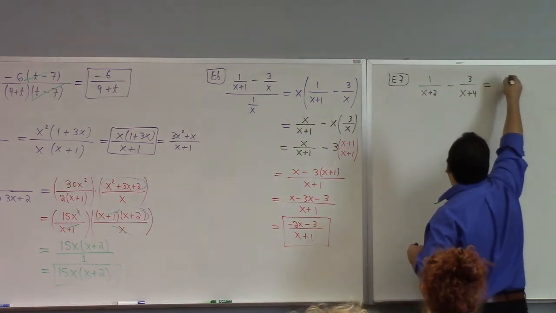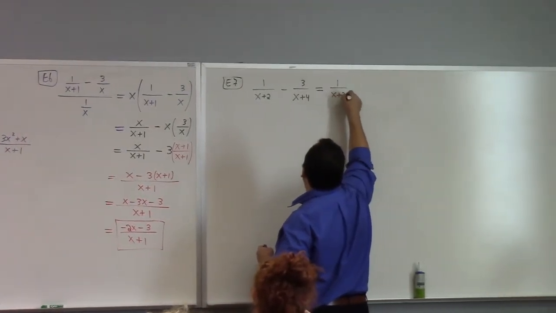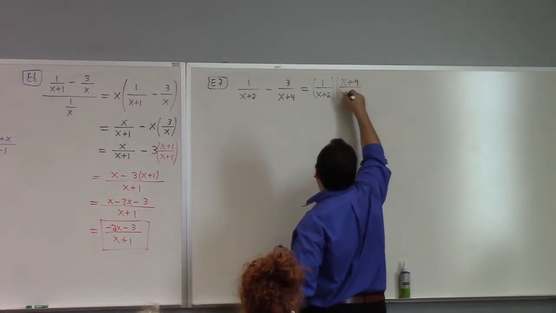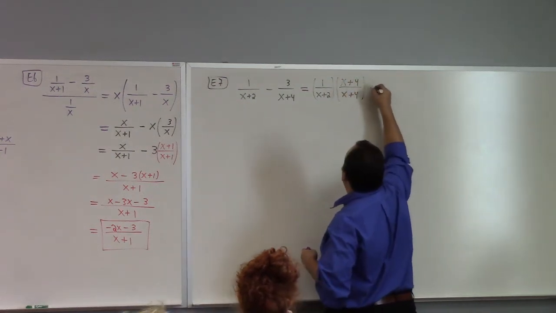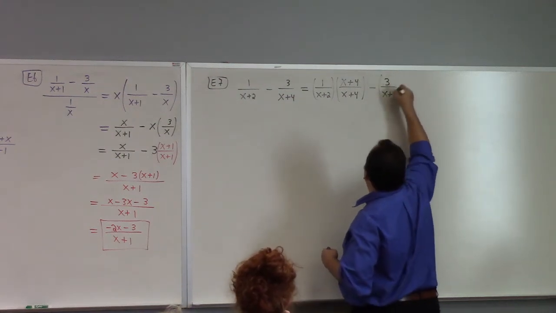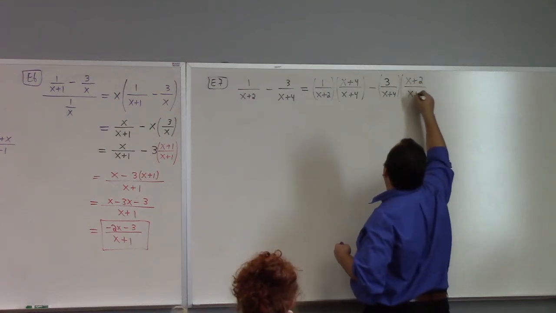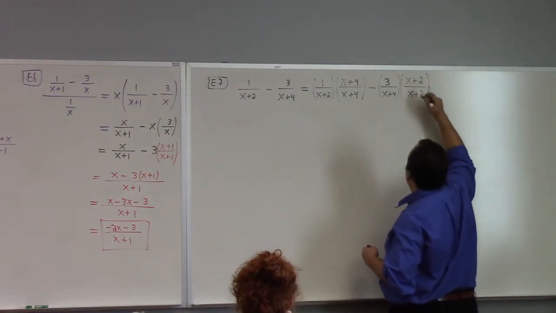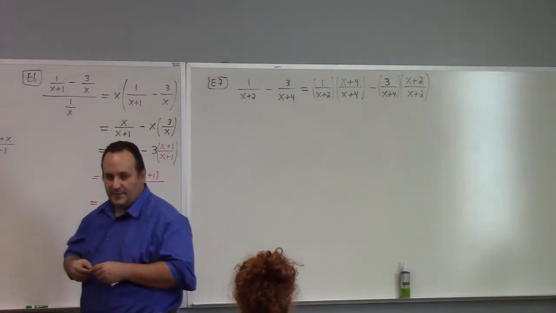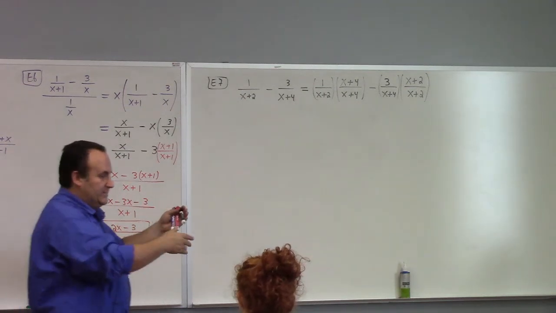The way I think about it is 1 over x plus 2 times x plus 4 over x plus 4, minus 3 over x plus 4 times x plus 2 over x plus 2. So I multiply each fraction by whatever I need to make the denominator the same, but I'm always just multiplying by 1. This is equivalent to just cross multiplying.